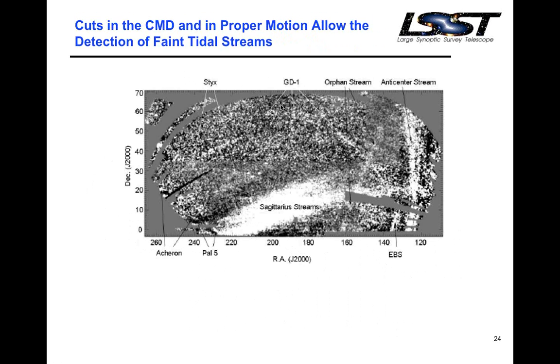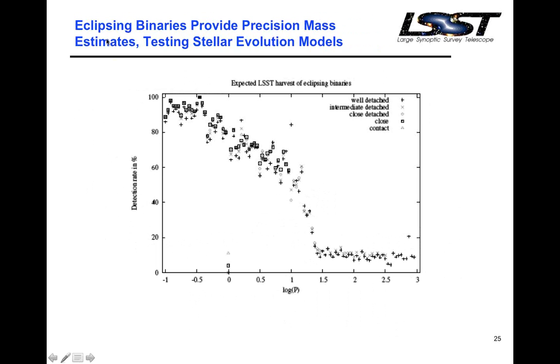And the trails are interesting not only because they tell us the evolution of the Milky Way, how the Milky Way accreted its surrounding smaller objects, but these tidal trails are actually orbits in the dark matter potential of the Milky Way. And so they can be used to trace out the dark matter distribution. So there's a lot of potential there.